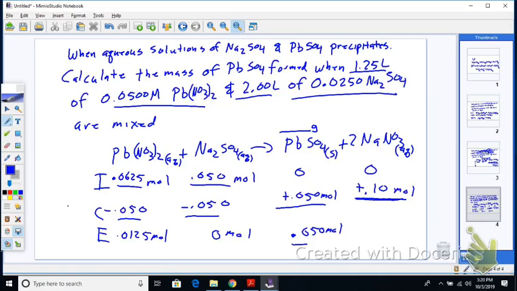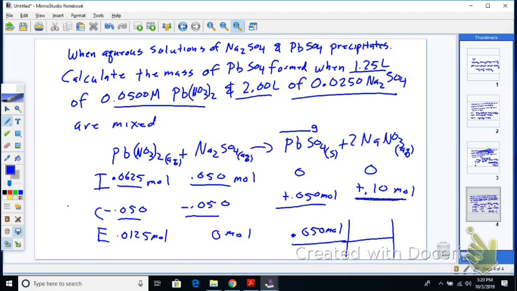Now all I have to do is multiply it by its weight, PbSO4. And PbSO4's weight is 303.3 grams per mole.